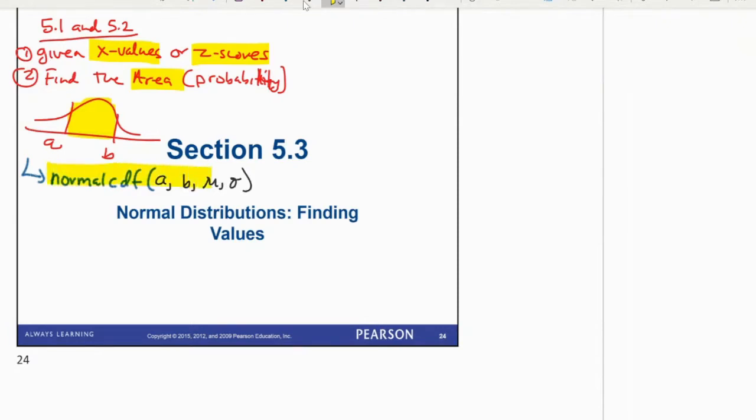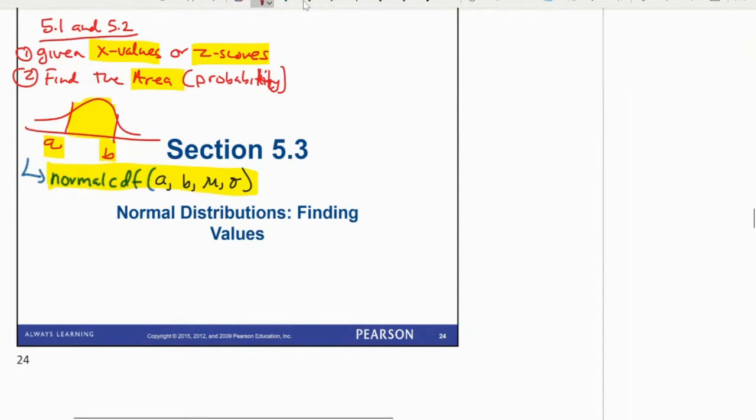So this is what we've been doing so far, right? They give us X values, which could be the A and the B, and then we use a normal CDF to find the probability. That is the kind of thing we went through in the whole of the last lecture, finding the probability for a given X value or given Z score.